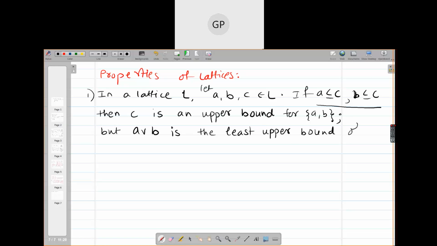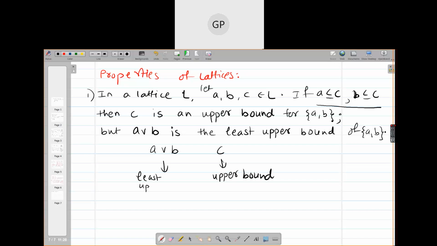LUB, right? So what is the relation between A join B and C? C is simply an upper bound, and A join B is the least upper bound.